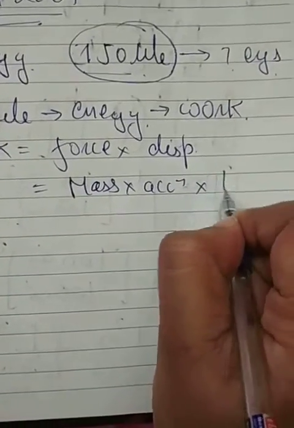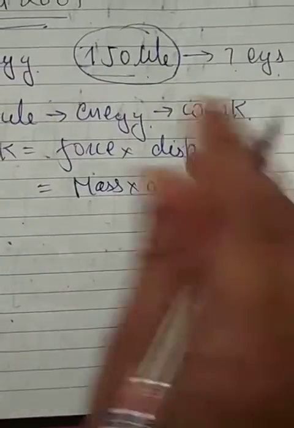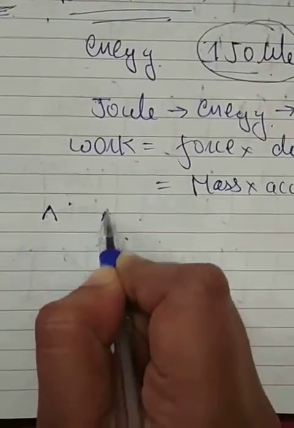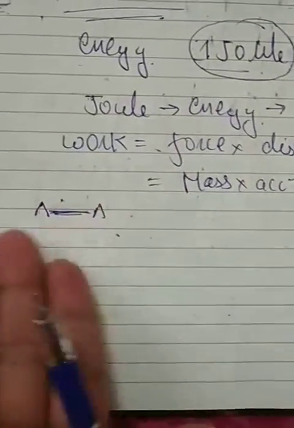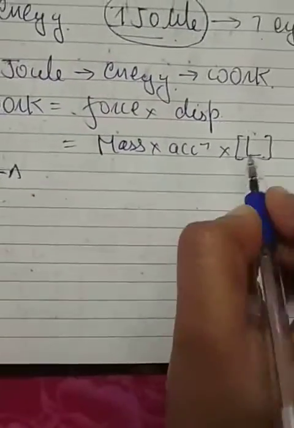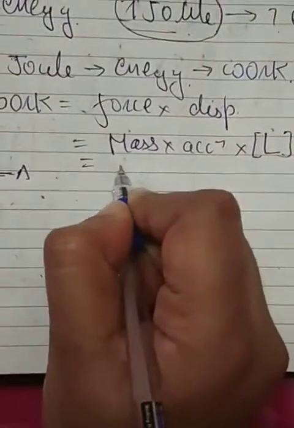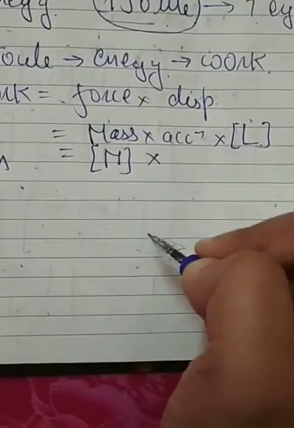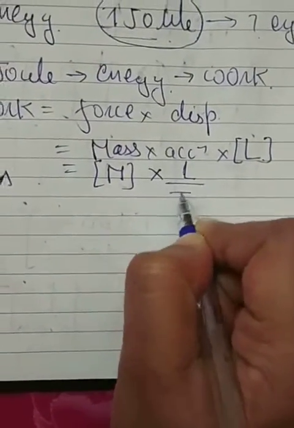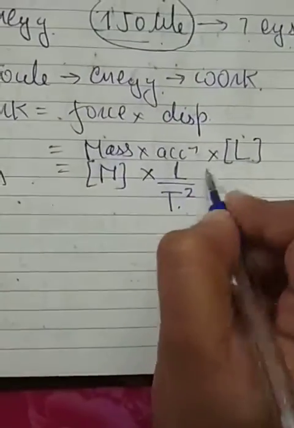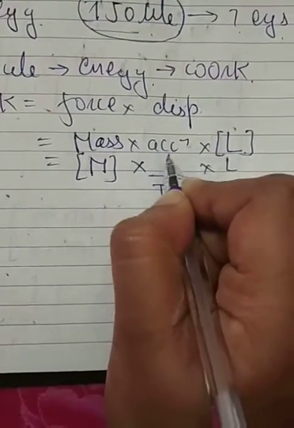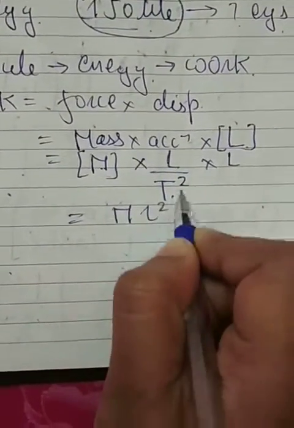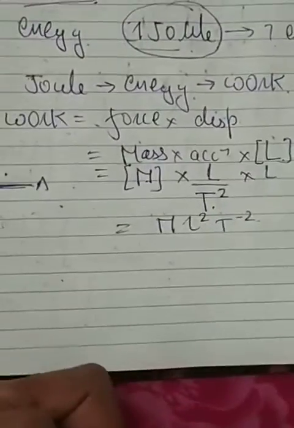Displacement can be written in terms of length, because displacement is nothing but length: if you go from one point to another, you measure the length of that path. Mass is M. Acceleration is L upon T squared, into this L. So we write M L squared, and when T moves to the denominator it will be minus 2.